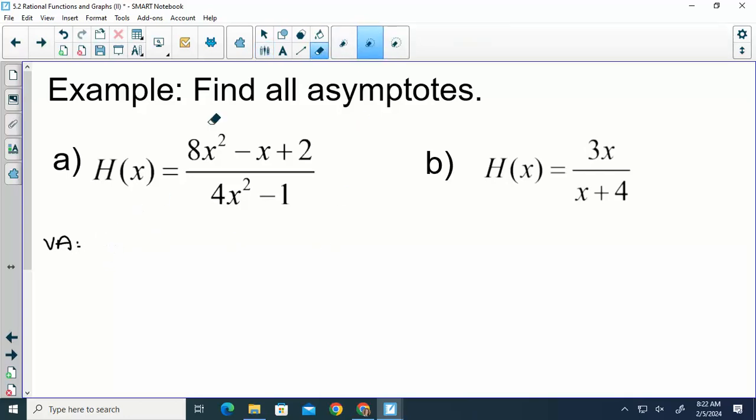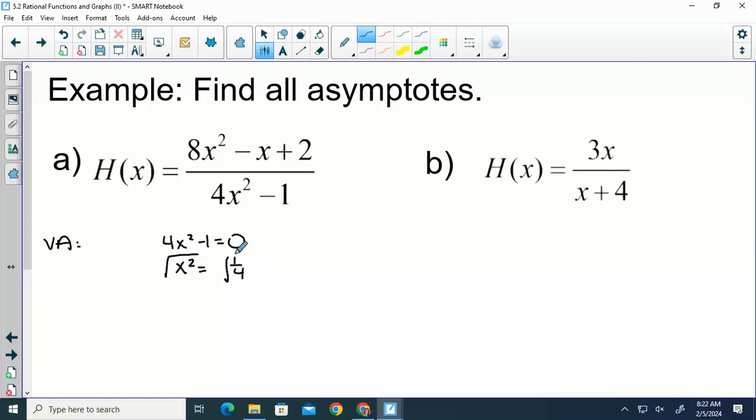So how would I find that? Just like when we were doing domains. We set the denominator equal to 0. You add 1, divide by 4. Square root, plus and minus.